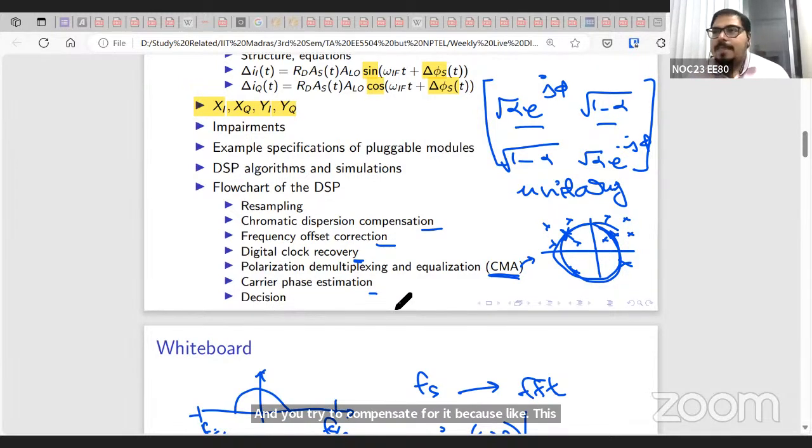If you keep correcting for it symbol by symbol, you'll be able to compensate for it.